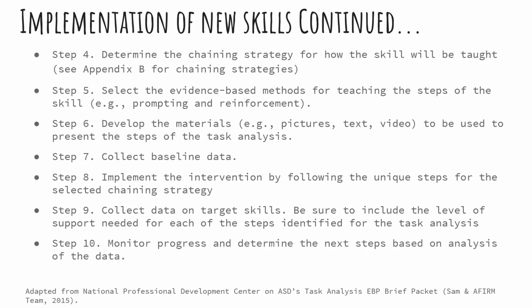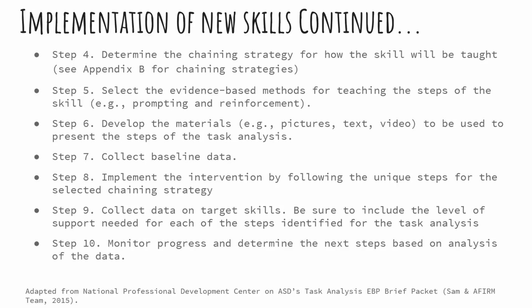See Appendix B for chaining strategies. Step 5. Select the evidence-based methods for teaching the steps of the skill. For example, prompting and reinforcement. Step 6. Develop the materials. For example, pictures, text, video, etc., to be used to present the steps of the task analysis.